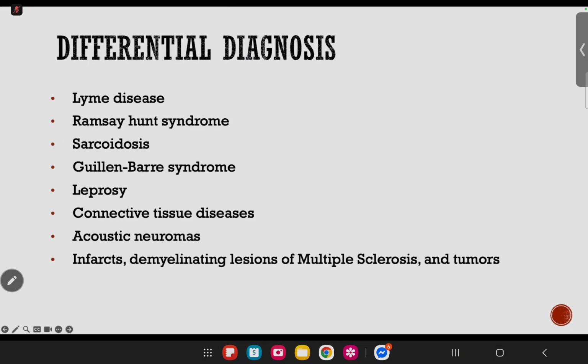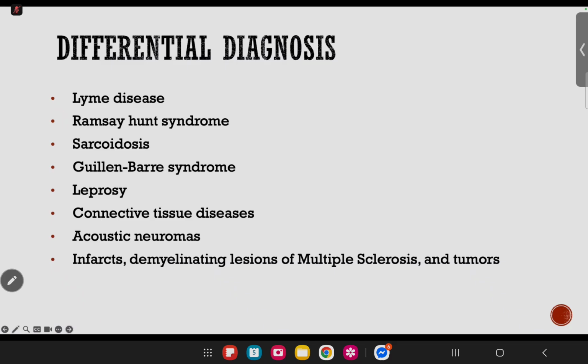So there are many other causes of acute facial palsy that must be considered in the differential diagnosis. Lyme disease can cause unilateral or bilateral facial palsy. Ramsay Hunt syndrome, caused by the reactivation of herpes zoster in the geniculate ganglion, consists of severe facial palsy associated with a vesicular eruption in the external auditory canal and sometimes in the pharynx.